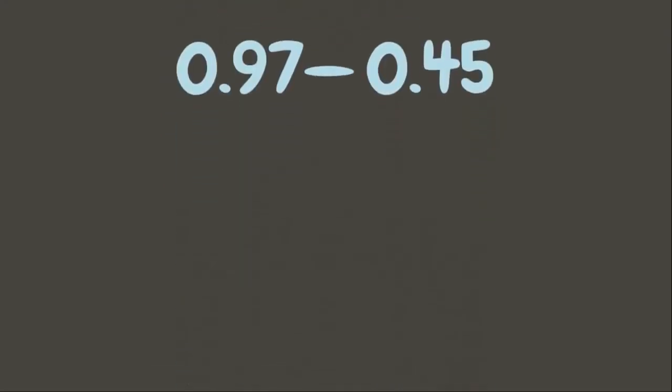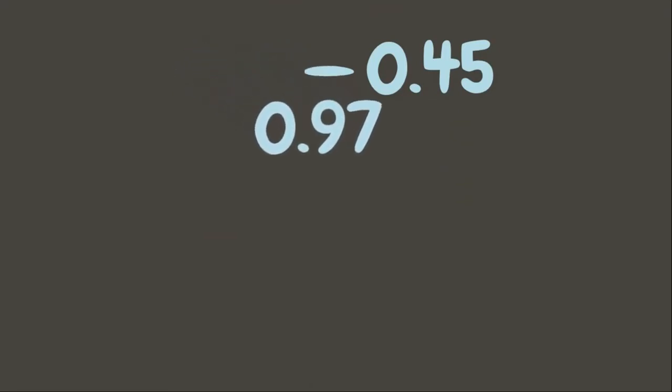Great job! Now let us try subtraction. First is, we need to align them vertically. Again, make sure that decimal points and digits with similar place values are aligned.